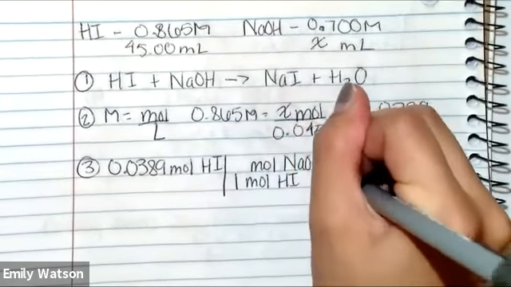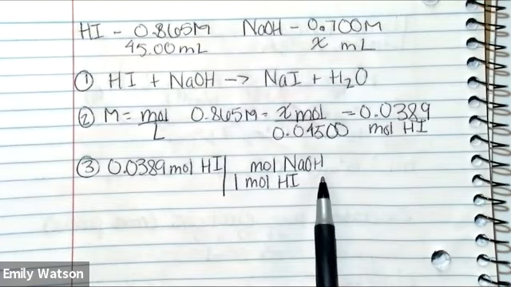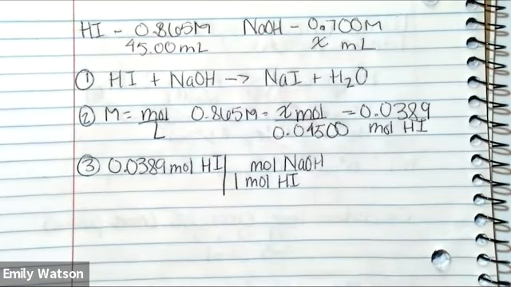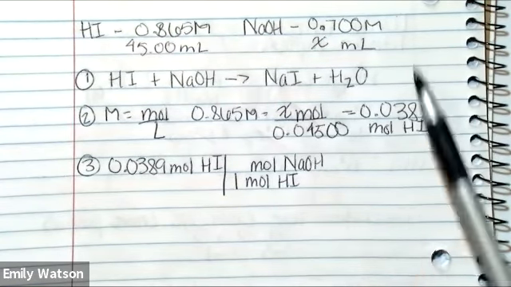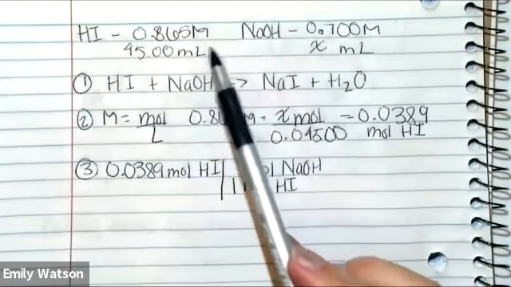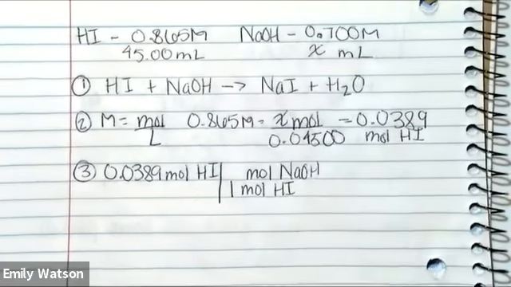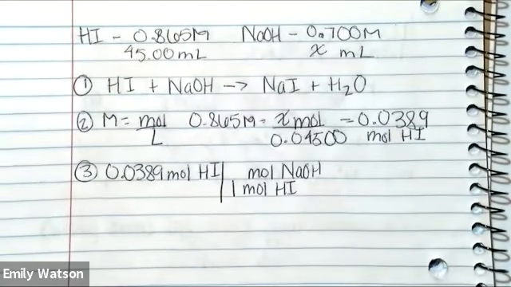So if you get to a step like this and you're like, oh my God, I don't know what I'm trying to get into, think about the question. What's the question asking? What are we looking for? Milliliters of NaOH. We're looking for something related to NaOH.